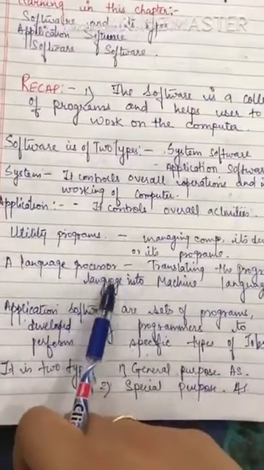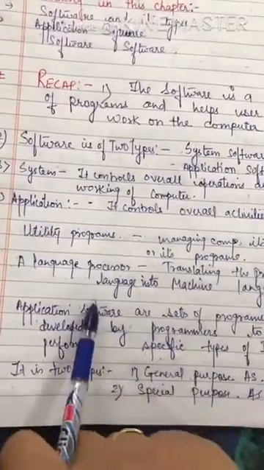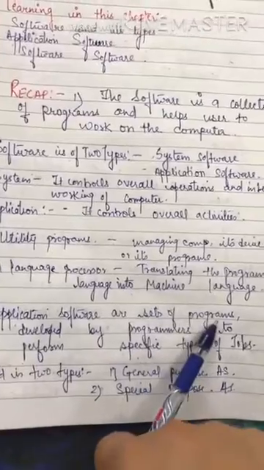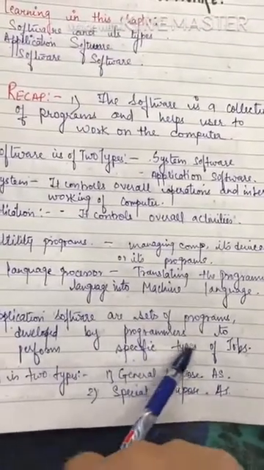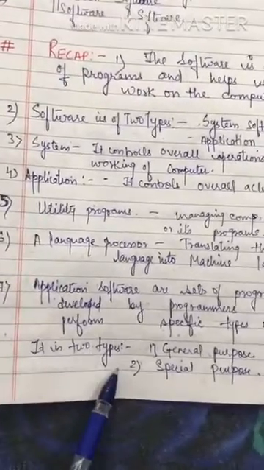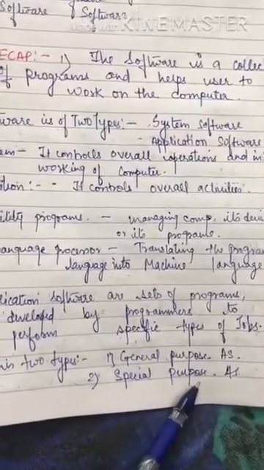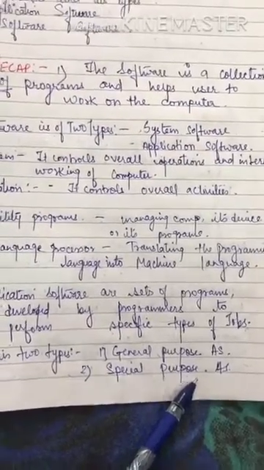A language processor translates the programming language into machine language. Application software are sets of programs developed by programmers to perform specific types of jobs. It is of two types: general purpose application software and special purpose application software.